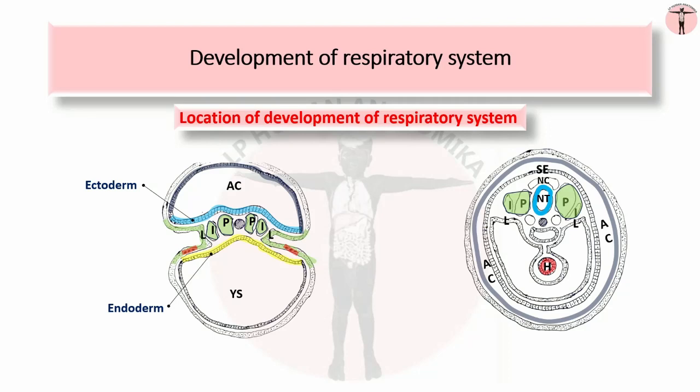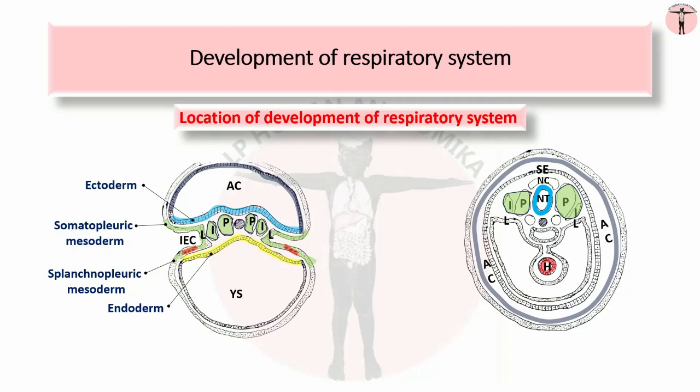The lateral plate mesoderm further divides into two layers: splanchnopleuric mesoderm towards the endoderm and the somatopleuric mesoderm towards the ectoderm by the intraembryonic coelom.